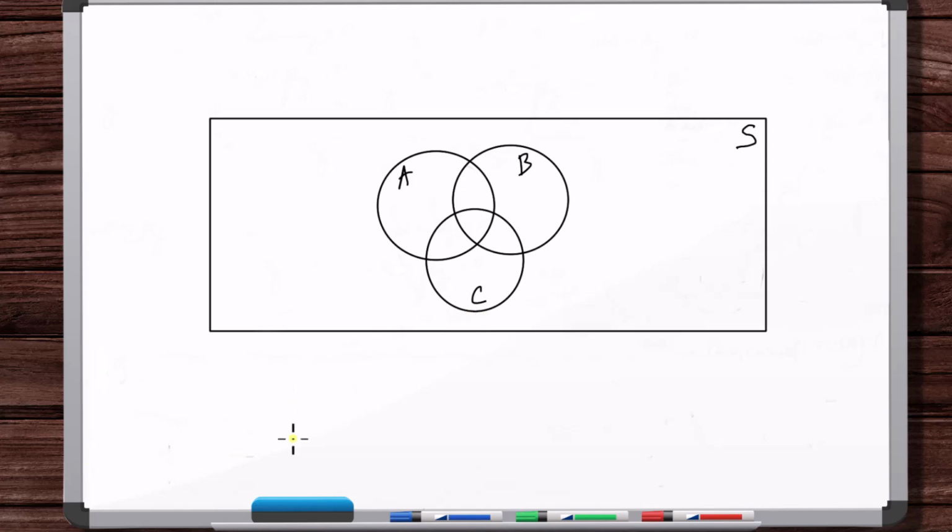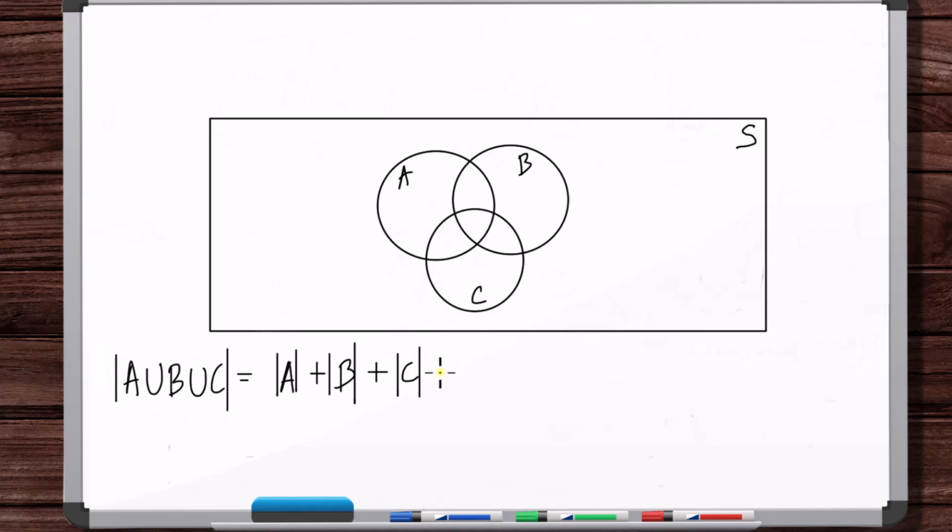All right, so the formula here goes like this. The number of elements in A union B union C is equal to the number of elements in A plus the number of elements in B plus the number of elements in C. Then you subtract the number of elements in all of the possible pairings where order doesn't matter.